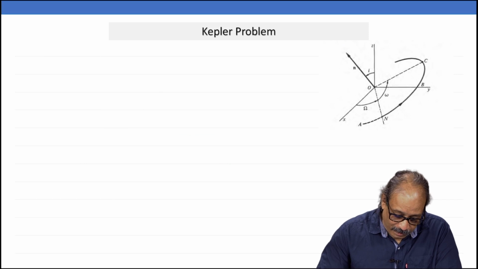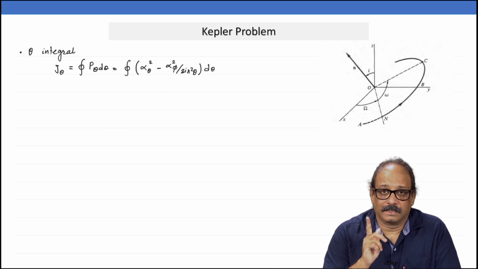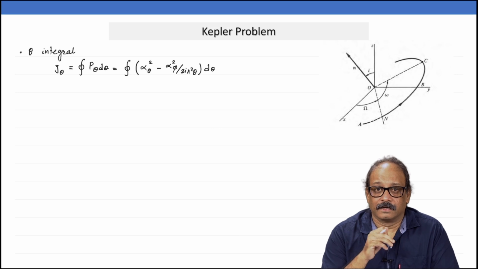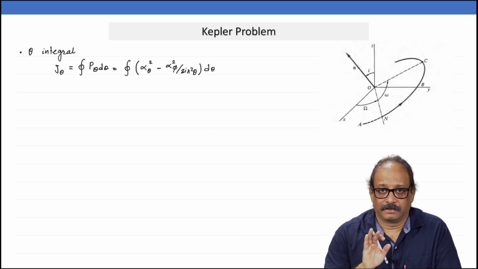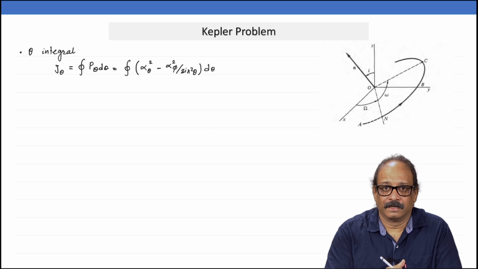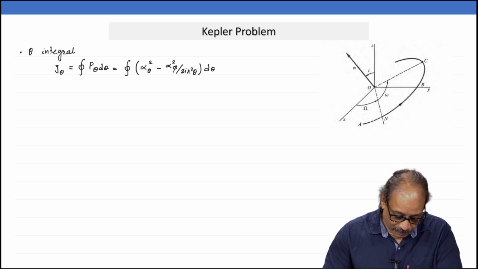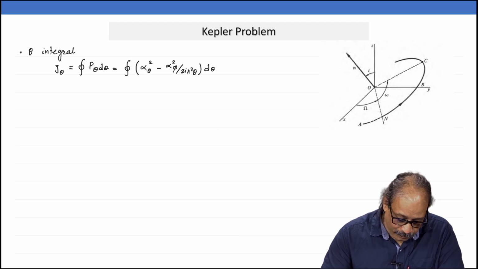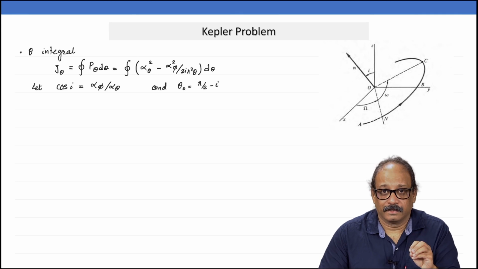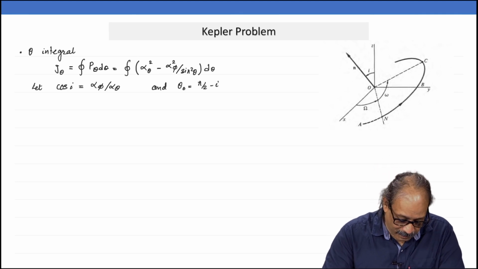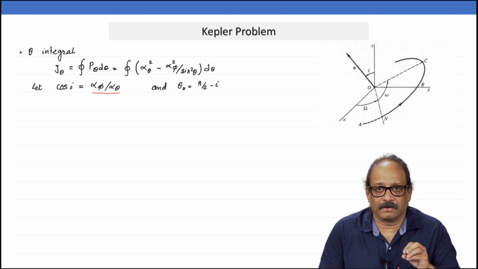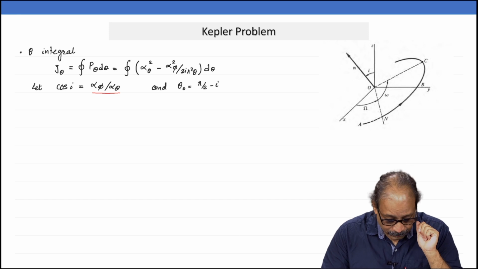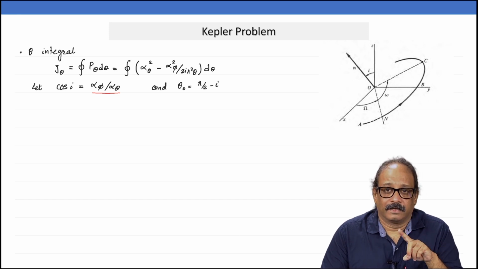Now, look at the second integral, the theta integral, that is slightly tricky, slightly longish, but we will do this one in small steps, in a very detailed way. So, I will start with this. Now, let me define this new angle i as cos i equals alpha phi by alpha theta. Remember, then i will be of course a constant, because both the alphas are constant. What is this i?